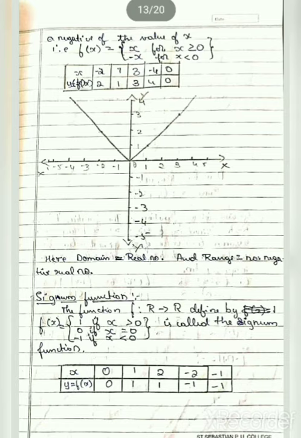So if you write modulus of 5, it may be plus 5 or minus 5, because modulus of minus 5 is also 5. If you take off the modulus, it becomes plus or minus 5.